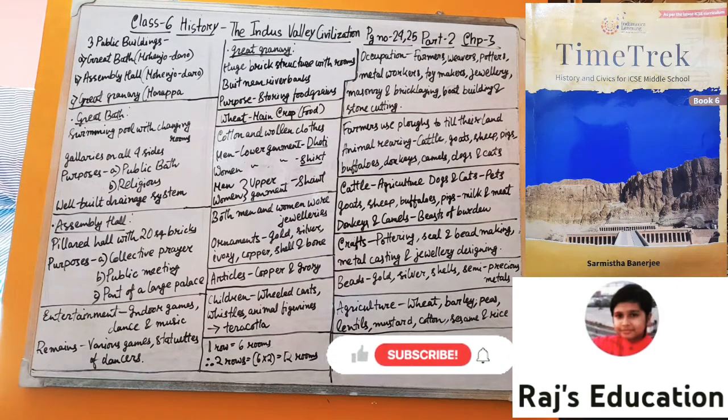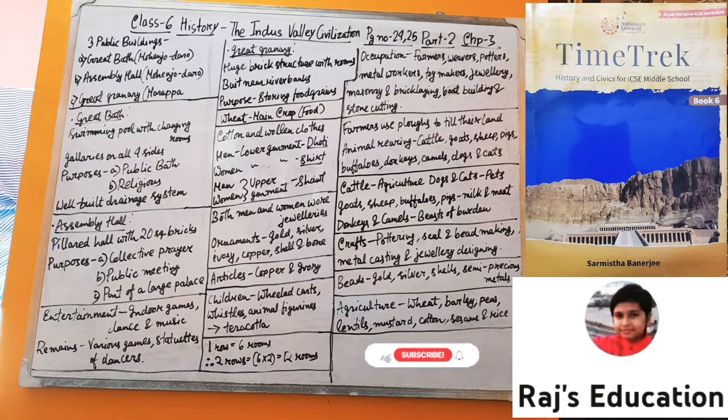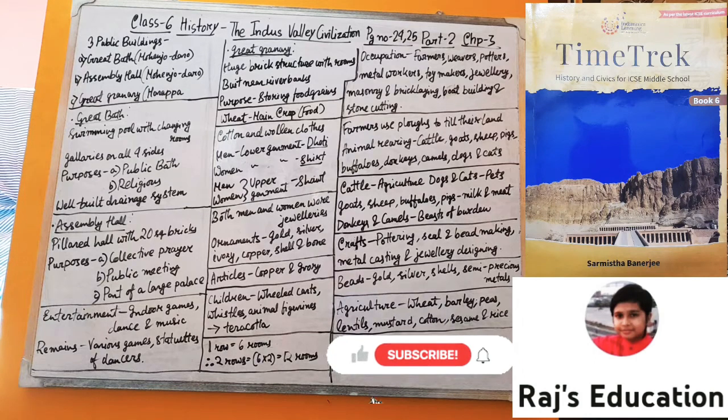These granaries were usually built near the river banks, because they used to store food grains, and they cultivated the crops near the river banks.